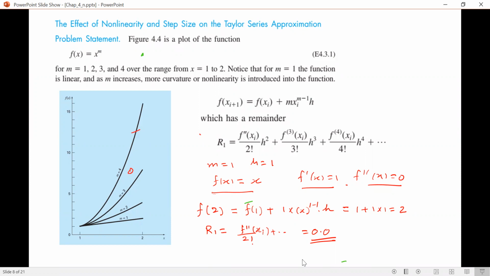So the thing is that if you have a function, say f(x) is equal to x to the power m, you can easily see that the nonlinearity of the function depends on the index m. For example, for m equal to 1, it is simply a straight line. If m equal to 2, it is a parabolic curve. For m equal to 3, it is a third degree curve, and m equal to 4 the fourth degree curve, something like that.